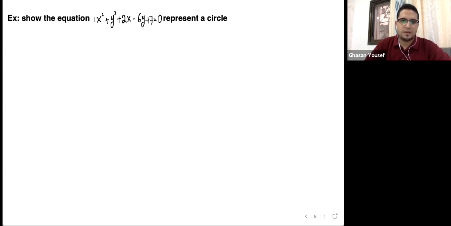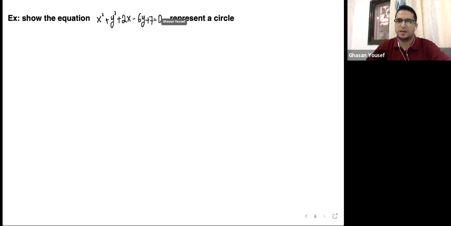So when you see something like this, you put the same variables together, the x squared with the 2x, and you put the y's together, and all numbers you move to the other side.